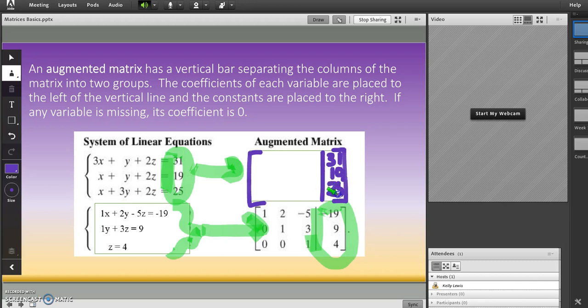Those are the equal sign stuff. And then we'll write the coefficients of the variables. So for example, 3, 1, 2, then 31, then 1, 1, 2, then 19, then 1, 3, 2, and 25. And so that's the augmented matrix for that system.